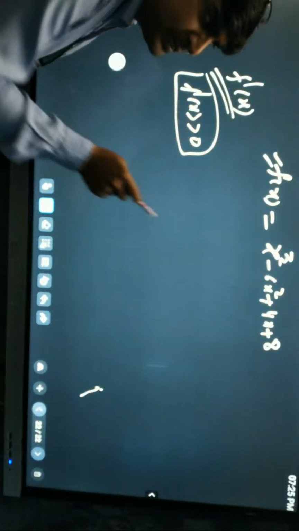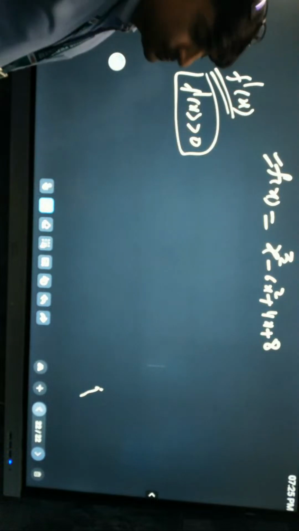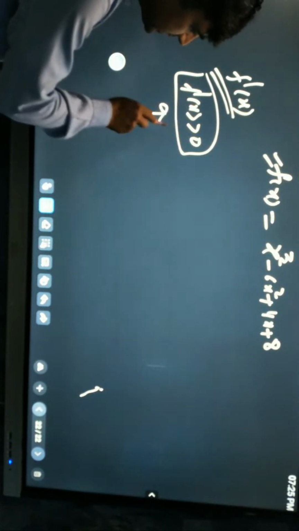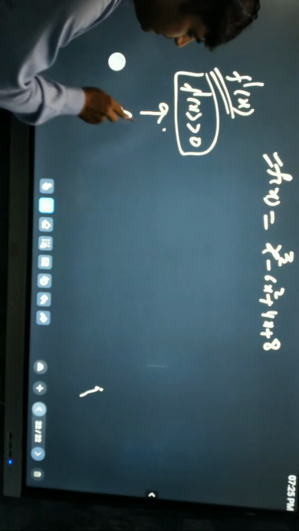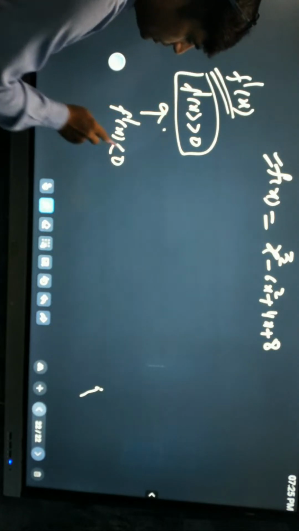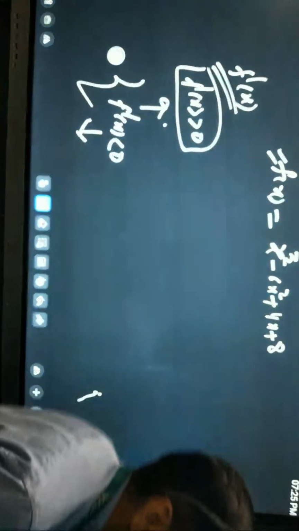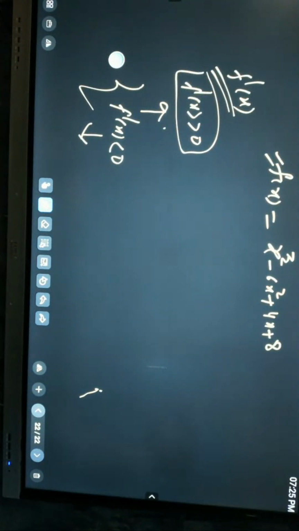First we apply these applications in problems. When f dash x is greater than 0, then we say that my function is increasing, and when f dash x is less than 0, then my function is decreasing. Less than 0 means the negative part and greater than 0 means positive.